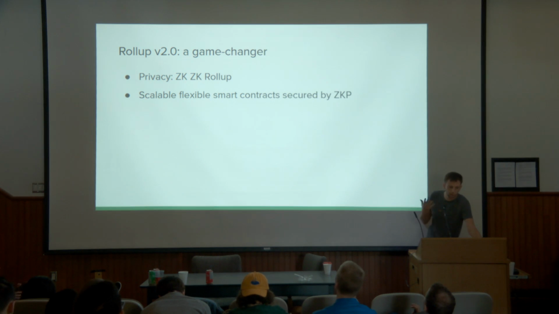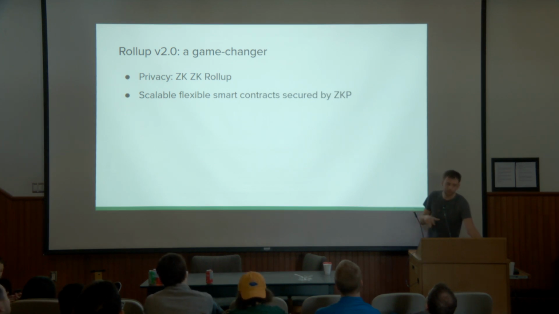So we'll be able to do what we discussed yesterday in the Uniswap workshop, for example, a Uniswap on a ZK rollup, with dark pools, with users building their own smart contracts, which are only visible to the people they authorize, and so on.